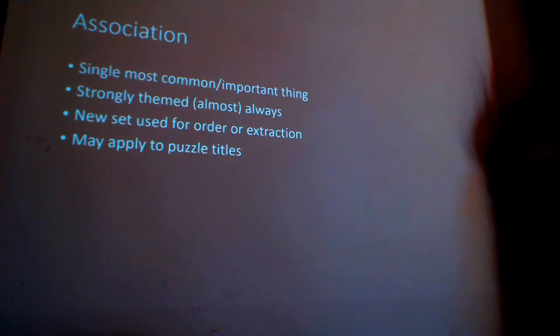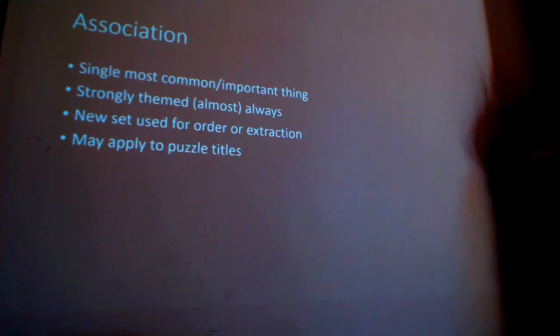So kind of going a little more into things. Association is the most common thing you're going to see in metapuzzles, especially mystery hunt style metapuzzles. What you're doing is taking your answers and trying to associate them to something else. And you can do that in a whole mess of ways that I'm going to get into.